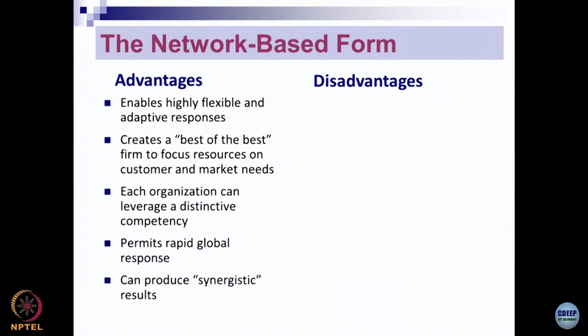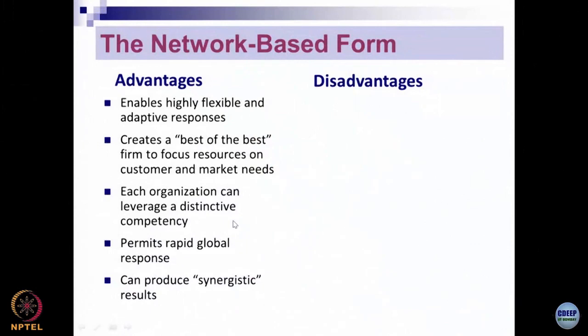It can produce a synergistic result. It is connected to point number 3, that the channel partners or the network partners need to focus only on their expertise, only on the product and service or the activities they are expert in. When they have to focus on that, they can produce a synergistic result.